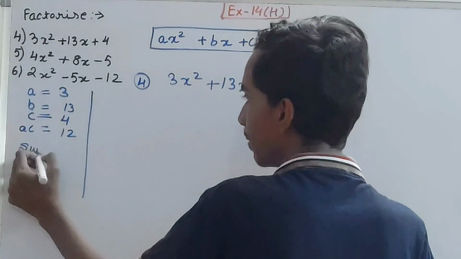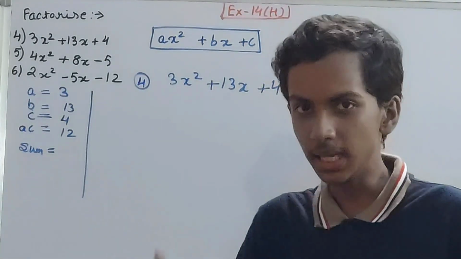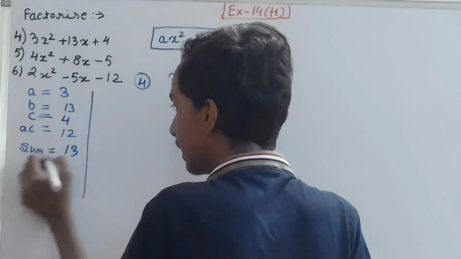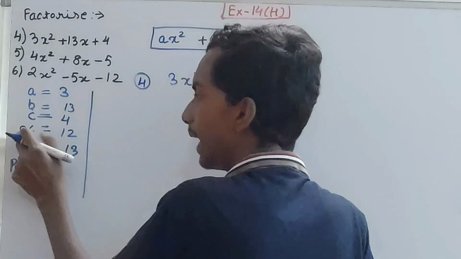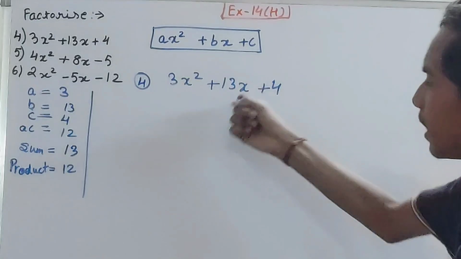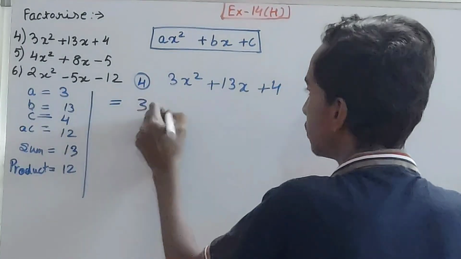So the conditions apply: the sum will be the value of B, which is 13, and the product will be the value of AC, which is 12. Why are we doing this? Because we need these when we split the middle term. See carefully here. You will have 3x square.